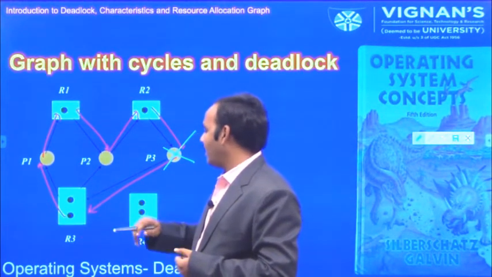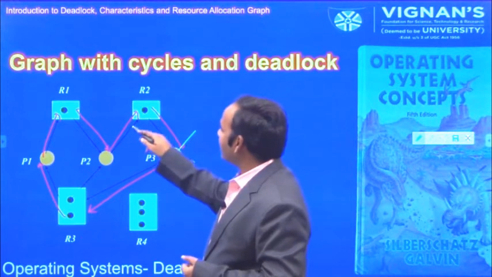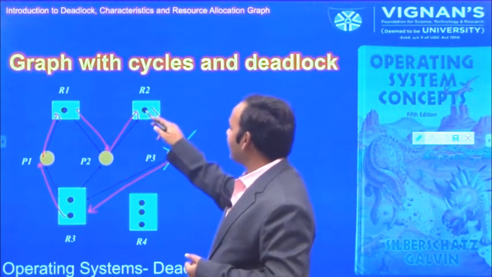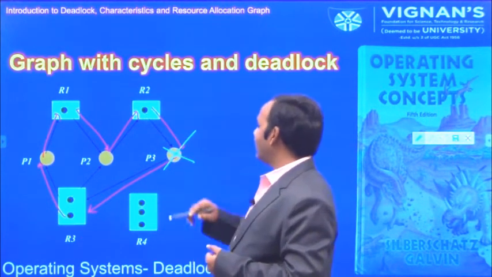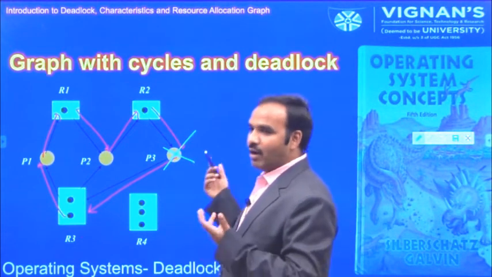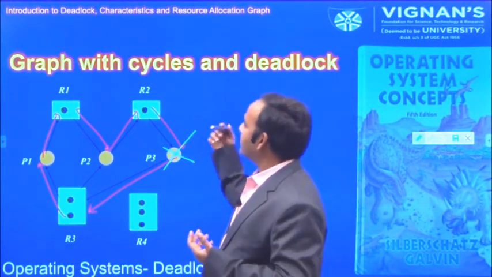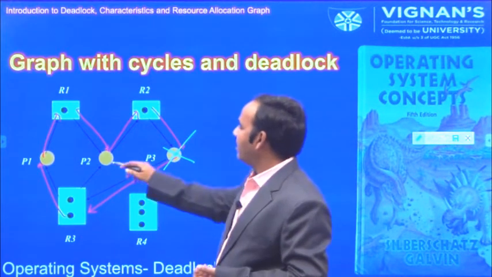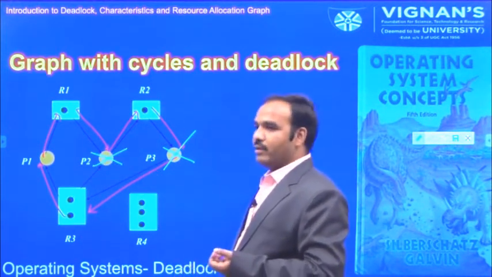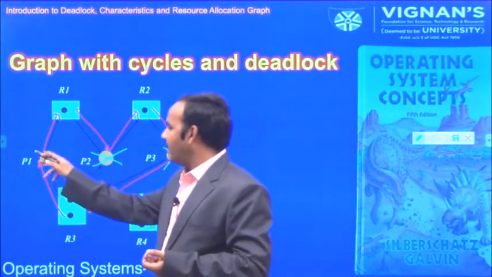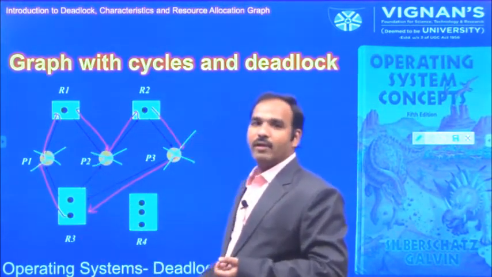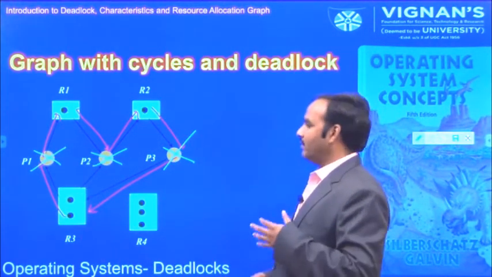R1 and R3 are allocated, but R2 is not allocated, it is still requesting. One instance of R2 is already allocated to P3, and P3 can't continue execution. P3 is not going to release R2, so P2 cannot continue execution. In the same manner, P1 also cannot continue its execution.